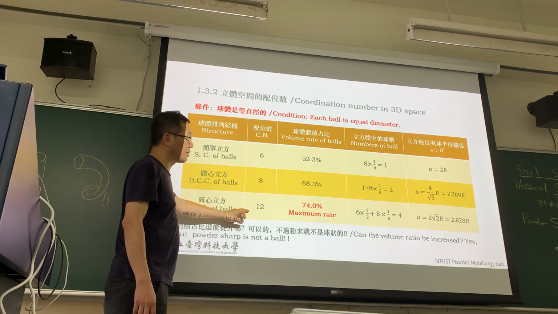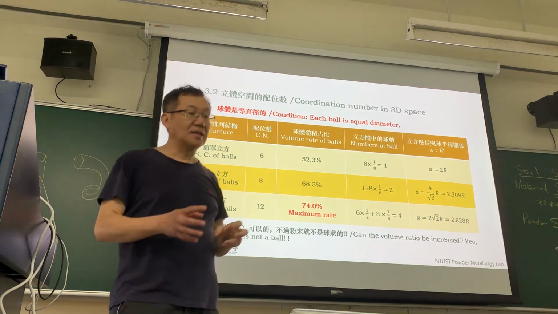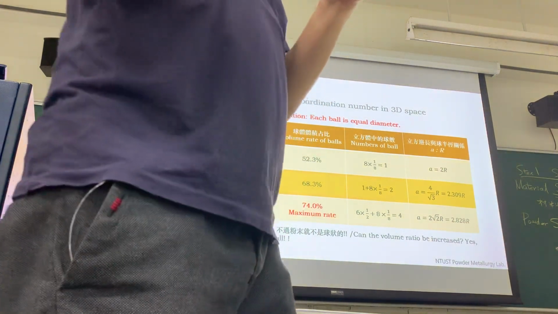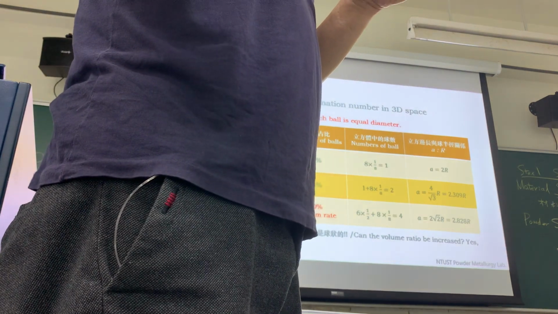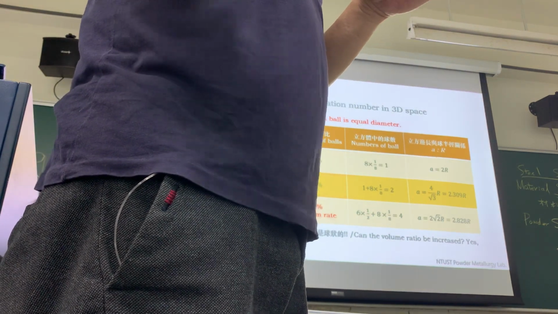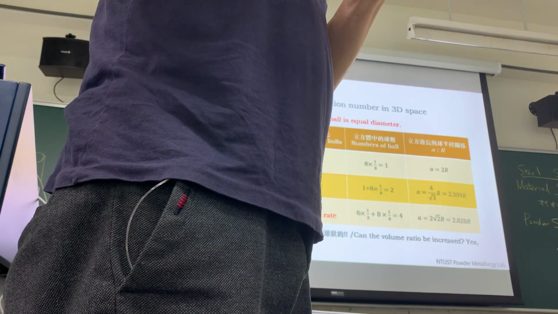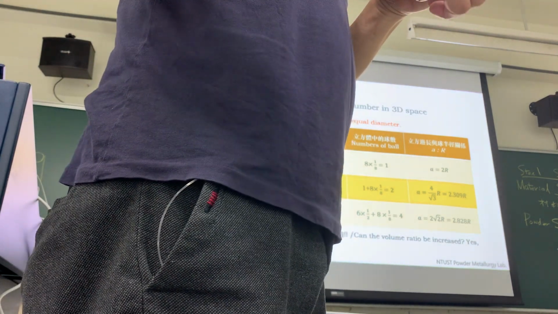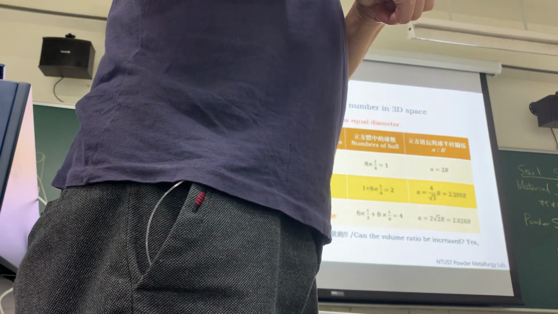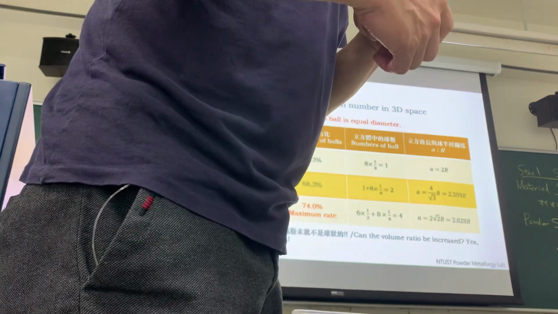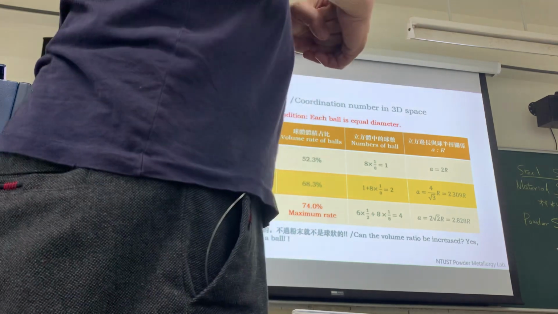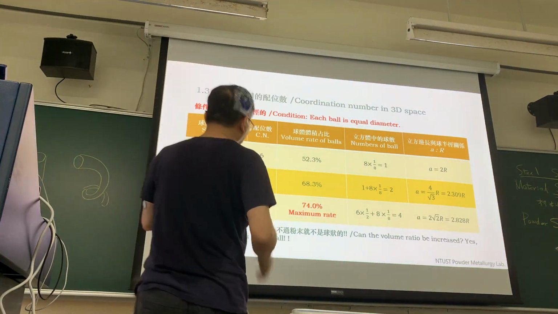This one can touch 12. So this means if in any process we need to increase the density of the powder, your coordination should be higher, and your density will be high. Okay, understand?